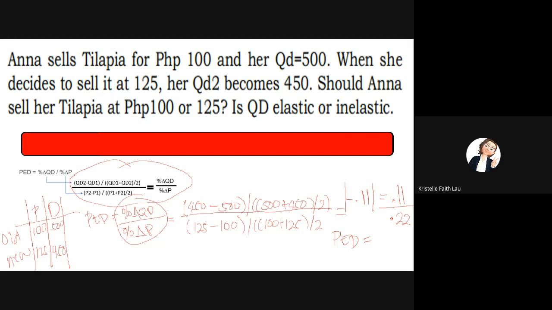We have 0.50. So, to know its interpretation, PED is 0.50. Is it greater than 1 or less than 1? So, it is less than 1.